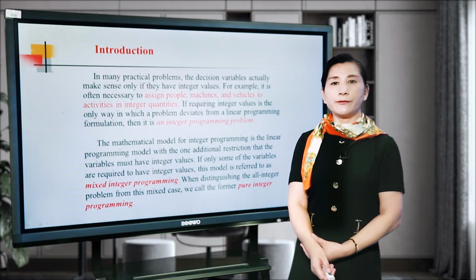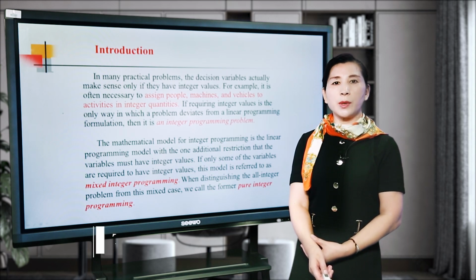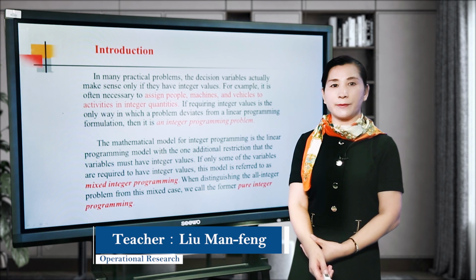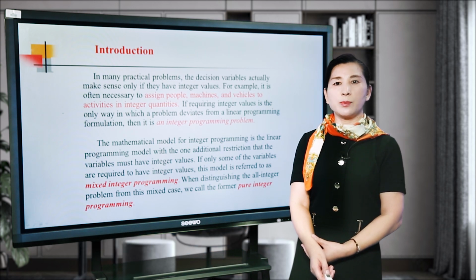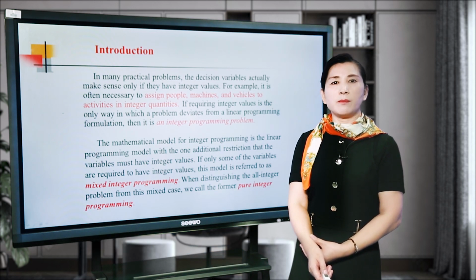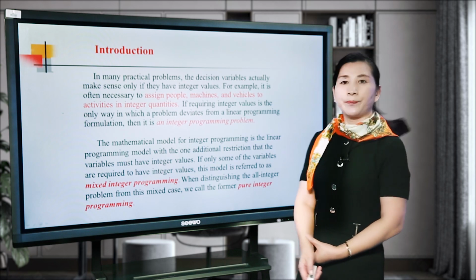The mathematical model for an integer program is the linear program model with the one additional restriction that the variables must have integer values. If only some of the variables are required to have integer values, this model is called a mixed integer program.